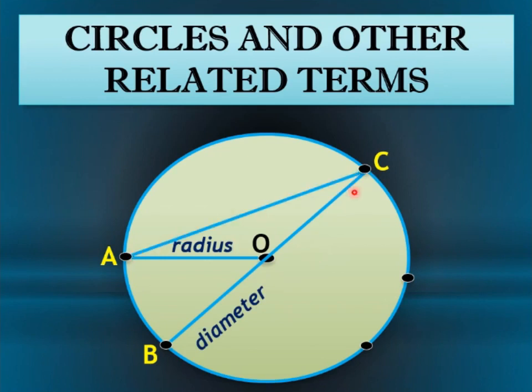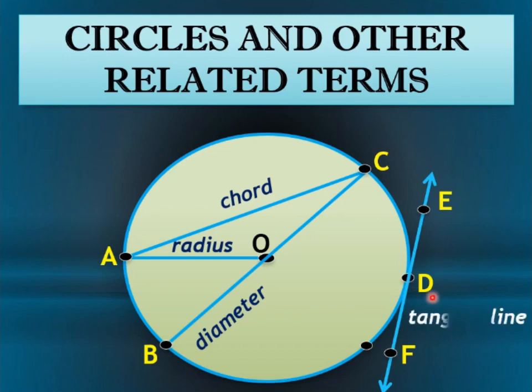A segment whose endpoints both lie on the circle, having point A and point C, is called a chord. Diameter is also an example of a chord. A line that intersects a circle at exactly one point is called a tangent line, and this point is called the point of tangency.